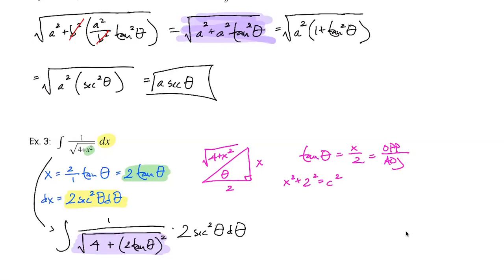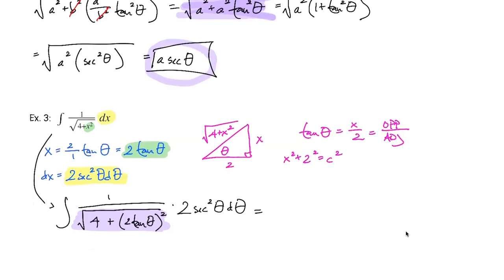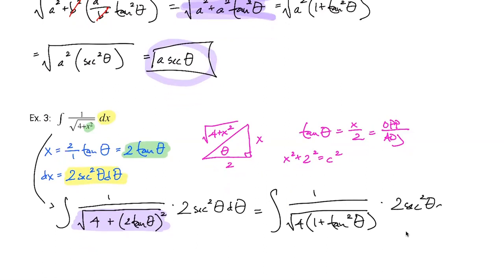And it's under the square root, just like it is in the example we worked above. So it's going to simplify to a secant theta, okay? So I'll write it out for this problem, but in the next problem, we're gonna skip this step, okay? So I have 1 over the square root of 4, 1 plus tangent squared theta times 2 secant squared theta d theta.